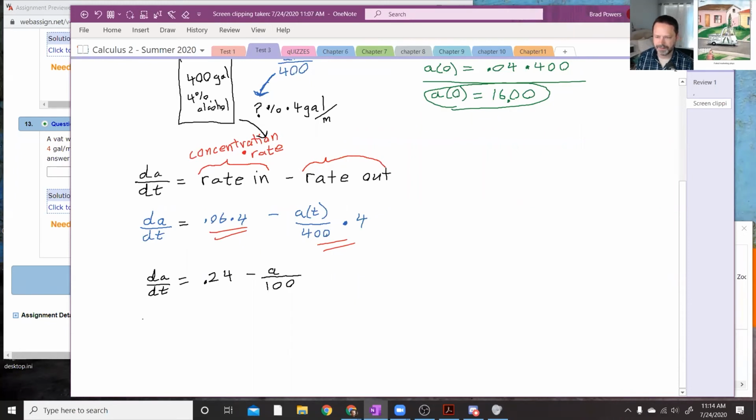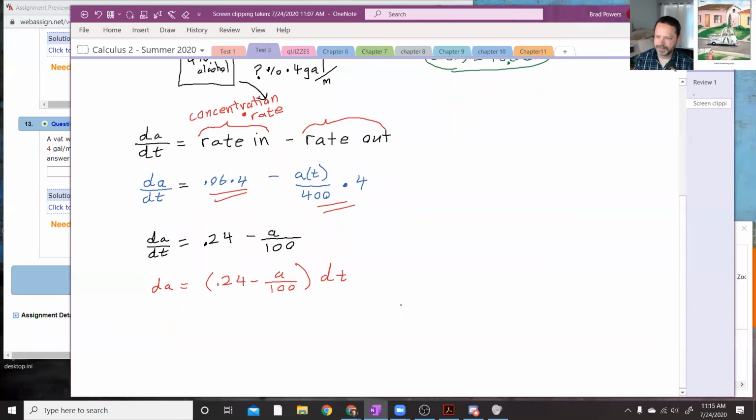Okay, let's multiply both sides by dt. Is that okay, or do you guys want to do something else? Is there more than one way to do this? There we go. I separated my differentials, but my A is with my dt, and I don't want that.